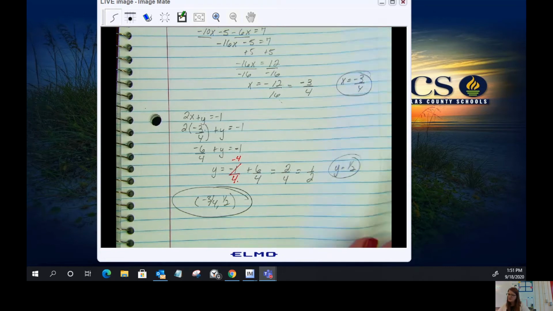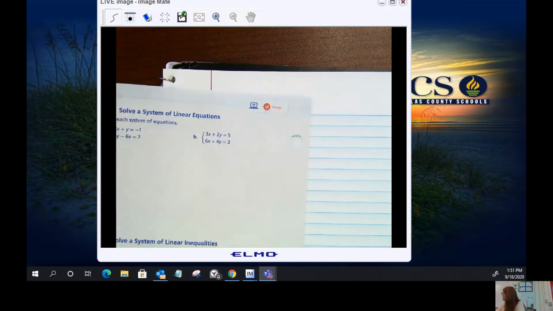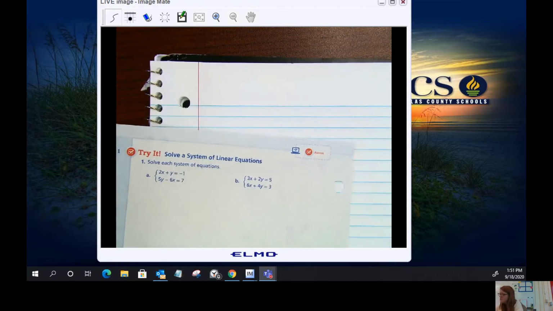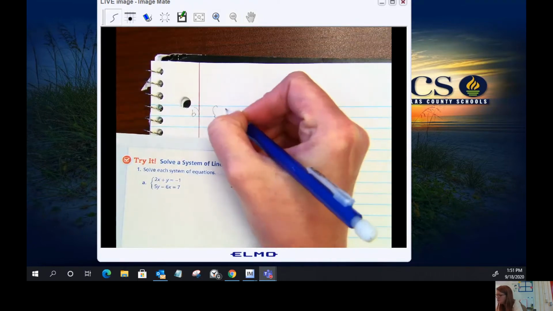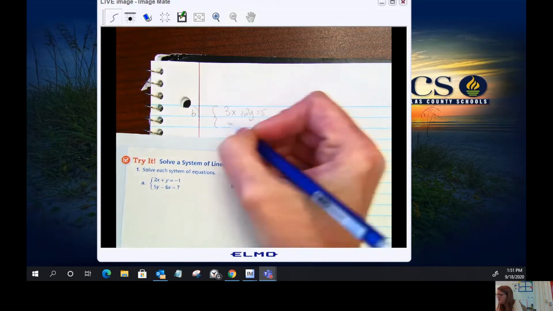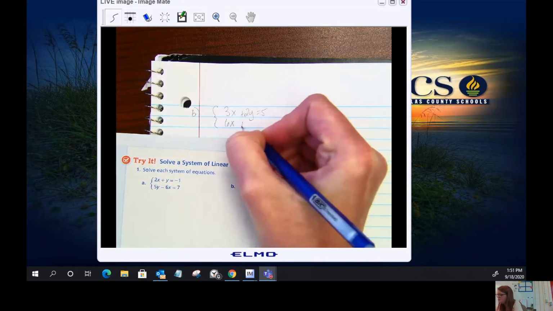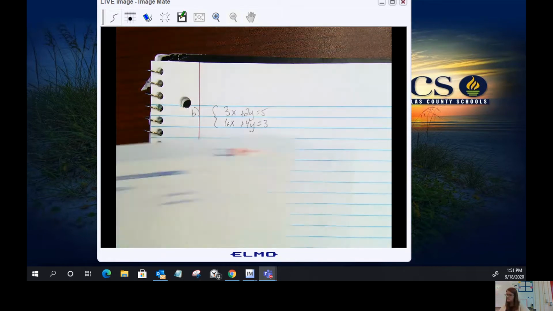Let's take a look at B. So B, let me jot this down. B is 3x plus 2y equals 5, and we have 6x plus 4y equals 3. This one might take a little bit more work.